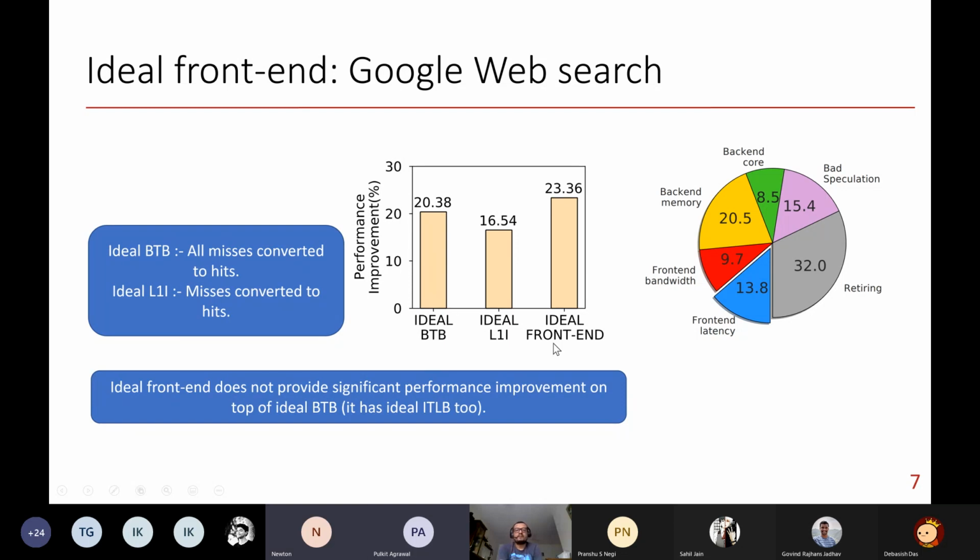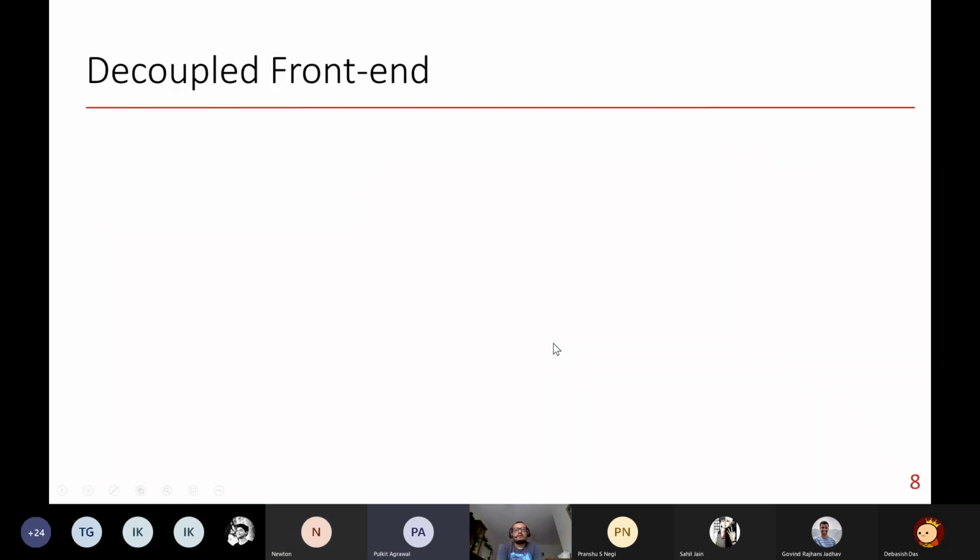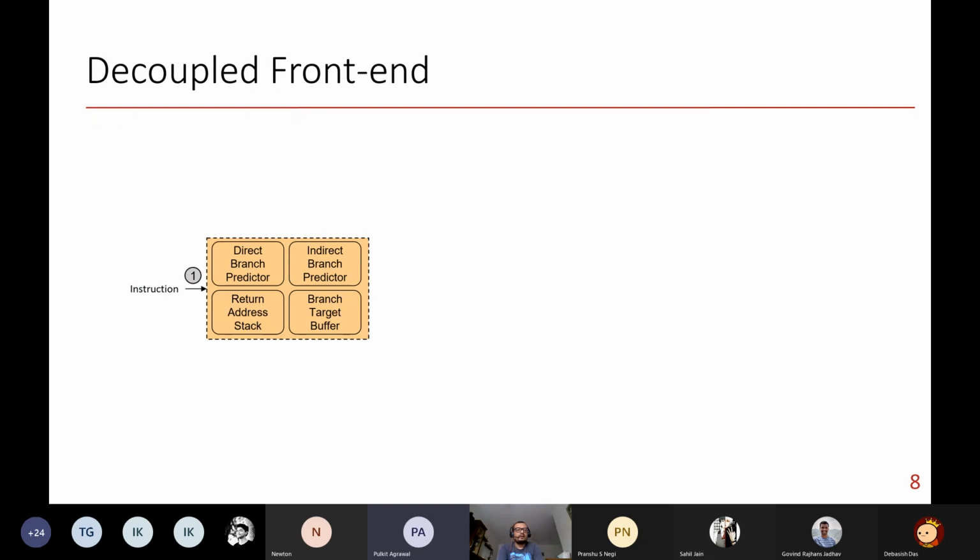Thank you. So one thing I want to emphasize here: whatever we have studied in our undergrad architecture course, where it says you have fetch, decode, and so on, and in the fetch stage the processor goes to the L1 I-cache, or if it misses, to the L2 cache, then memory, to get the instruction, that actually does not happen in modern processors. Modern processors use a decoupled front end.